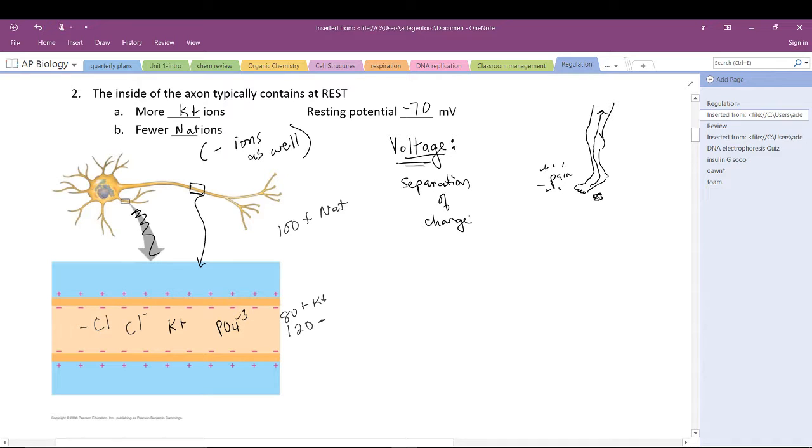Now it's a similar idea, but with our neurons and with invertebrates, they're going to be using ions. And so the important thing is going to be these ions. The way this axon is going to be maintained, it's going to maintain a higher concentration of potassium ions on the inside, and a higher amount of sodium on the outside.